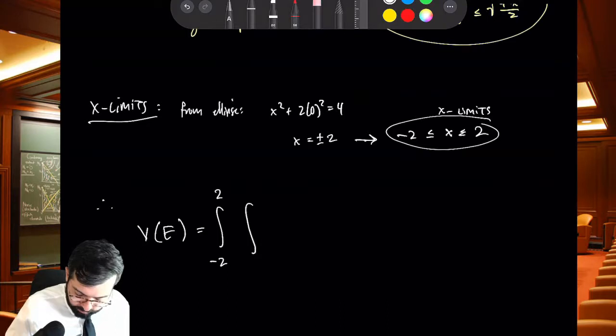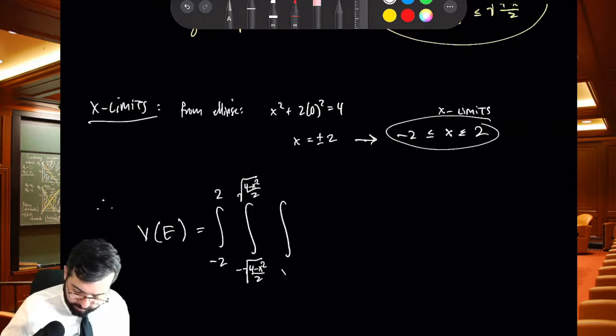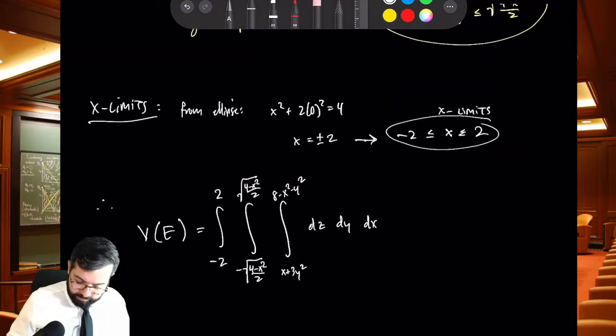The integral from -2 to 2, from negative square root of (4 minus x squared) over 2 to positive square root of (4 minus x squared) over 2, and from x squared plus 3y squared to 8 minus x squared minus y squared, dz, dy, dx.